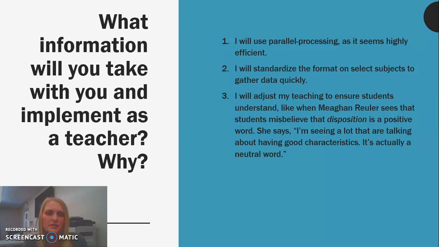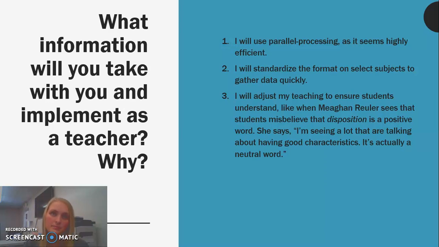From the video, I took away a few things that I will use in my classroom. For example, the parallel processing. I believe that I will definitely use that in my classroom because I saw how efficiently it worked for Miss Ruler whenever she was trying to see whether or not students were understanding. I also will standardize the format on select subjects to gather data quickly.